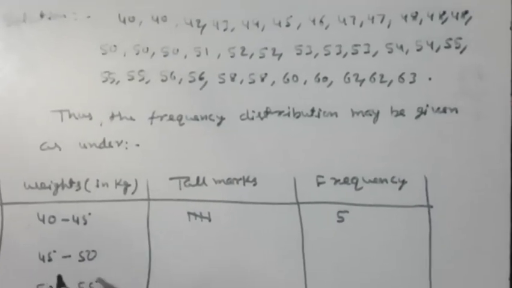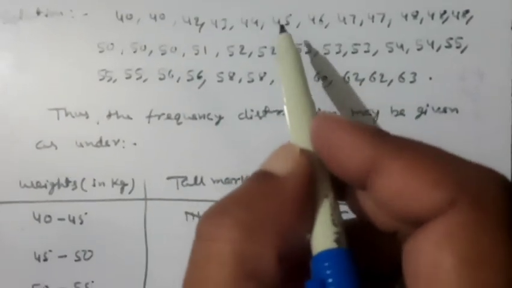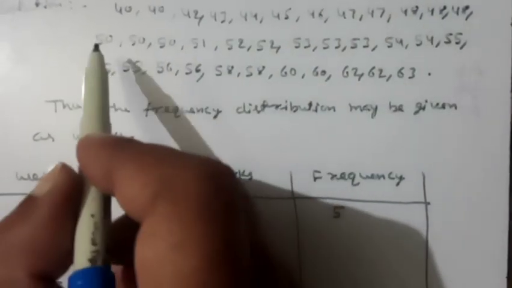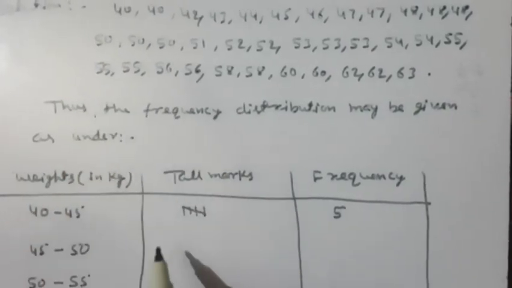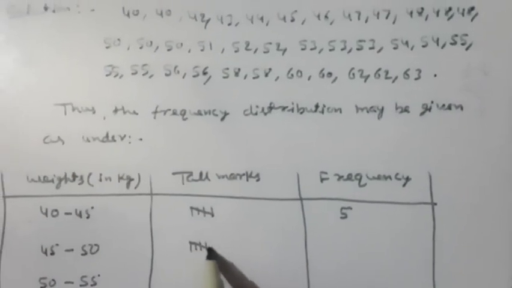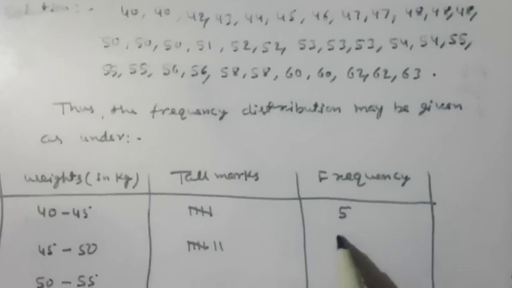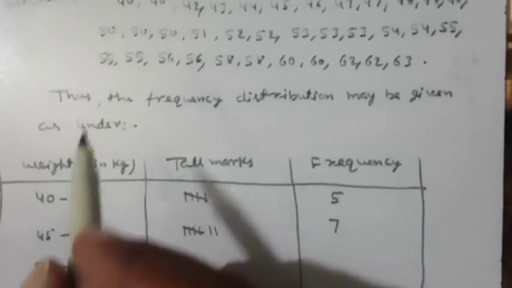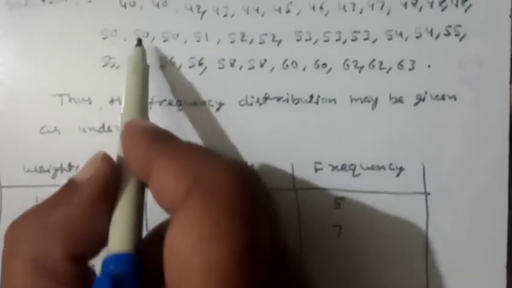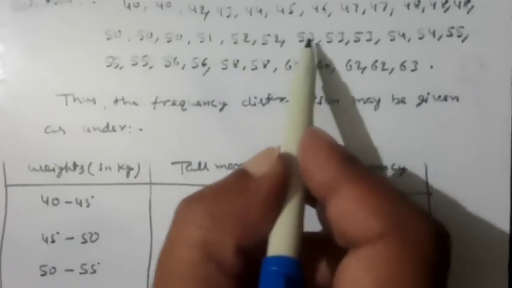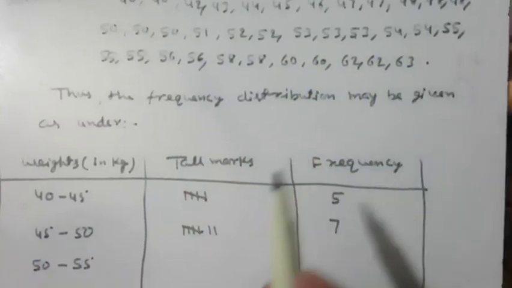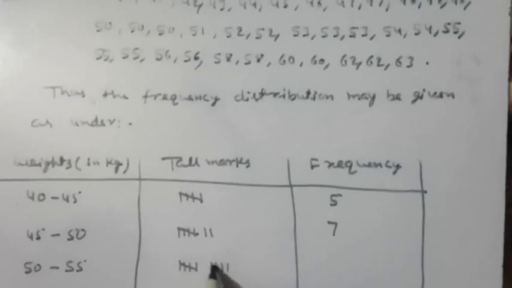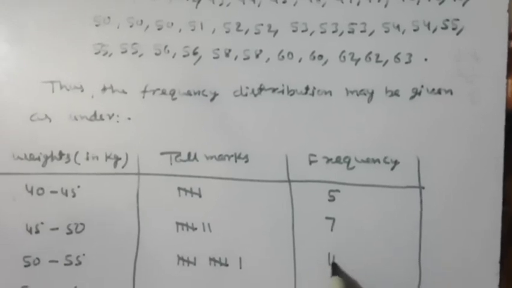Now 45 to 50, where 50 is not included: frequency is 7. After that 50 to 55: frequency is 11.